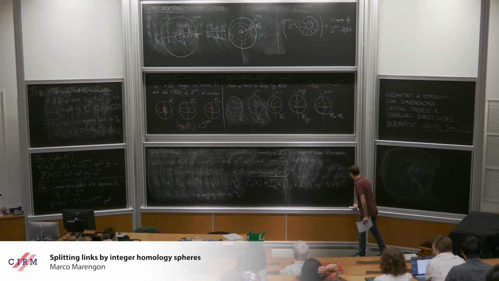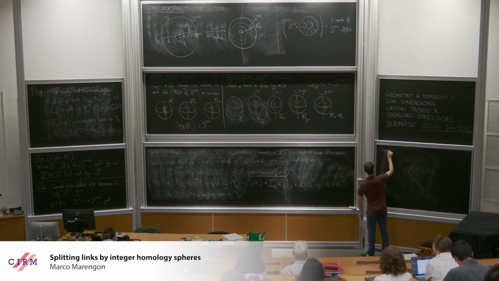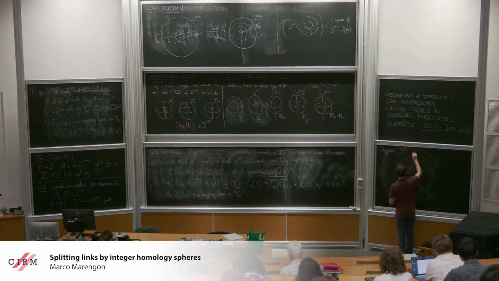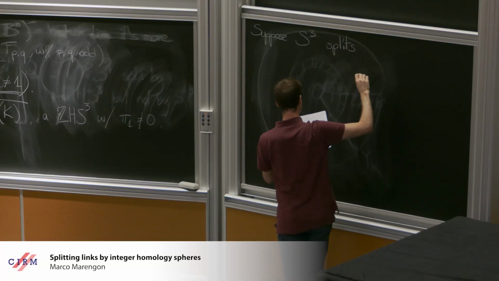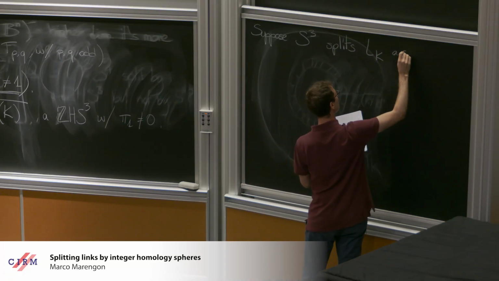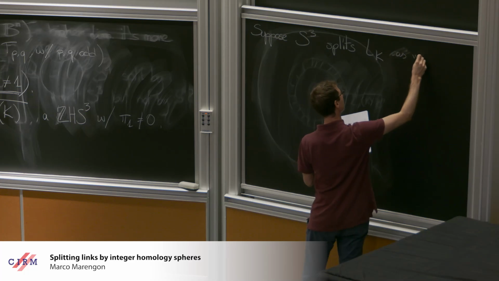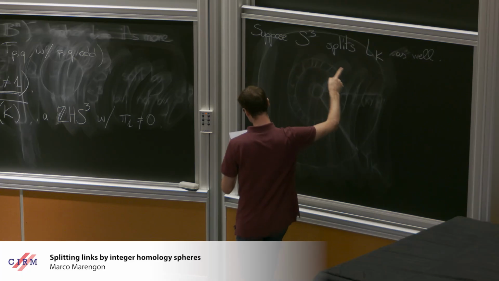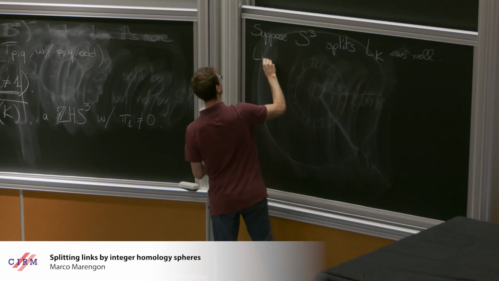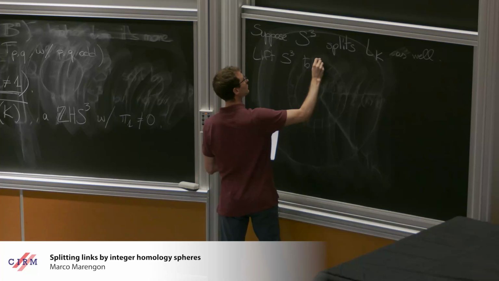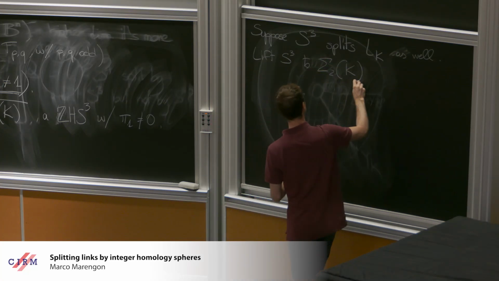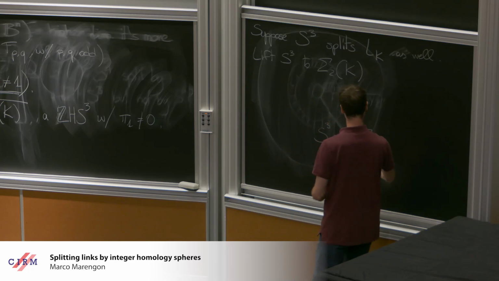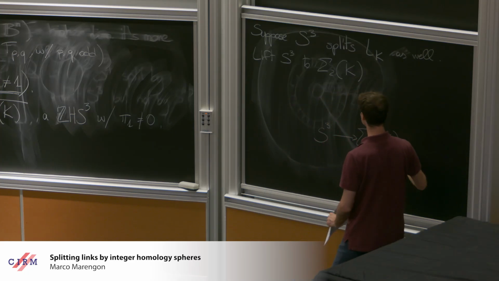Now, suppose by contradiction that S3 splits Lk as well. Then we can lift S3 to the double-branched cover. So we have this map from S3 to the double-branched cover of Lk.